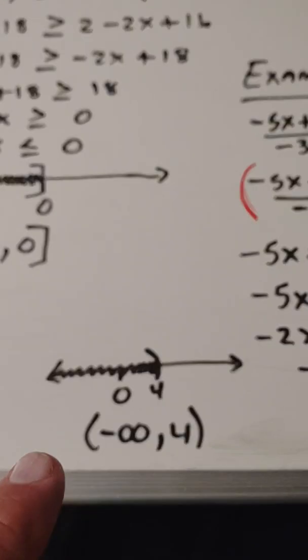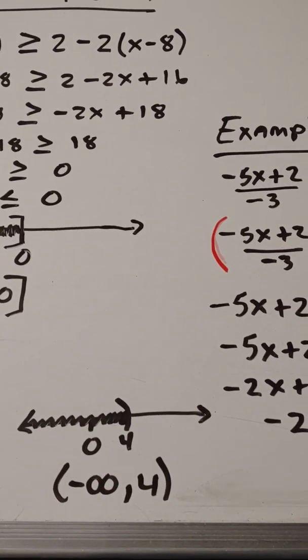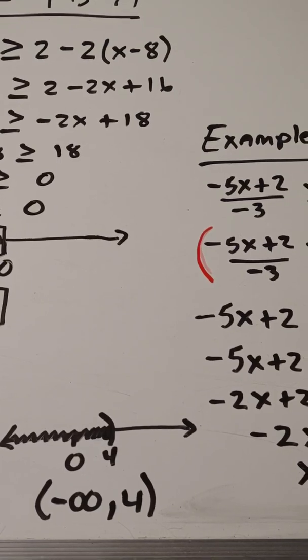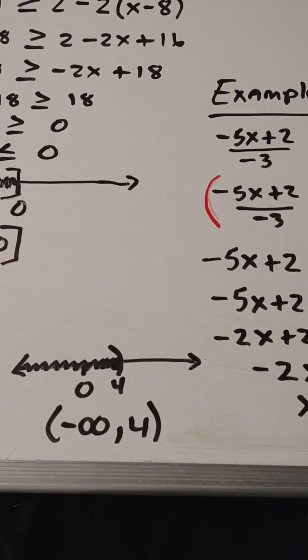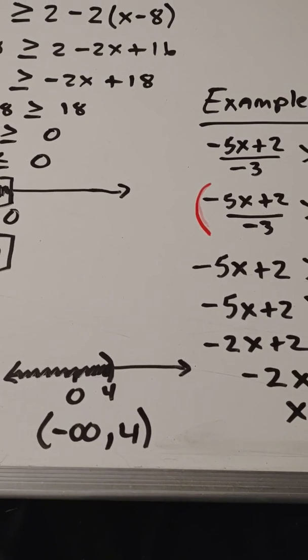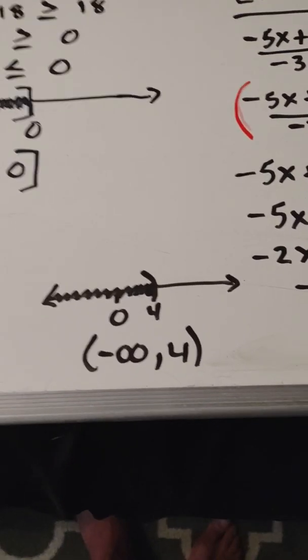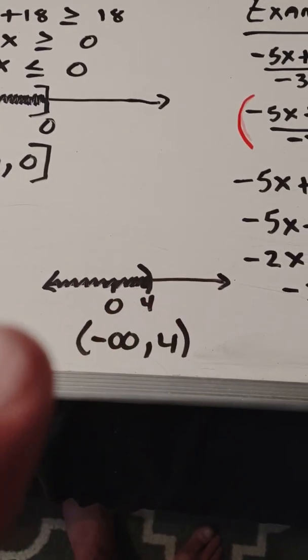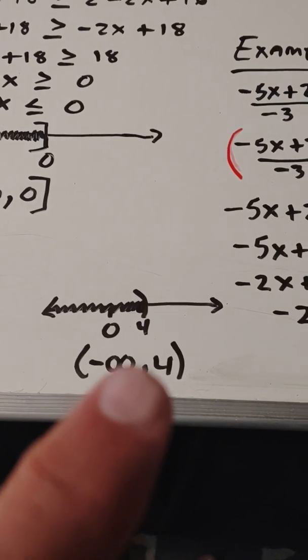So here's my 0, here's my 4. As I come from negative infinity, I got parentheses negative infinity.